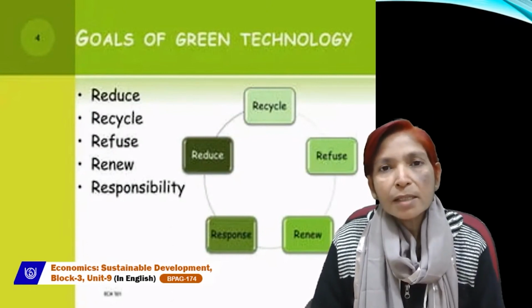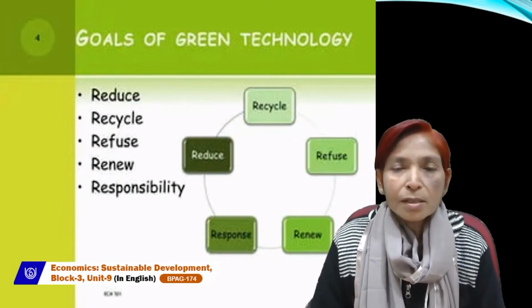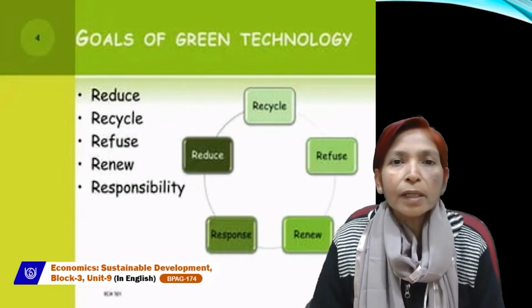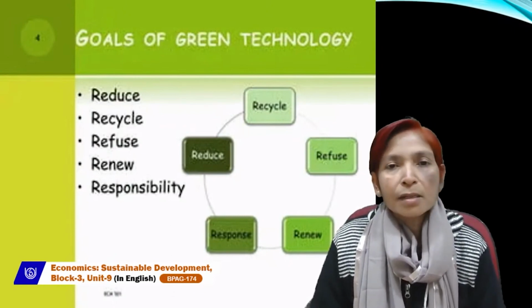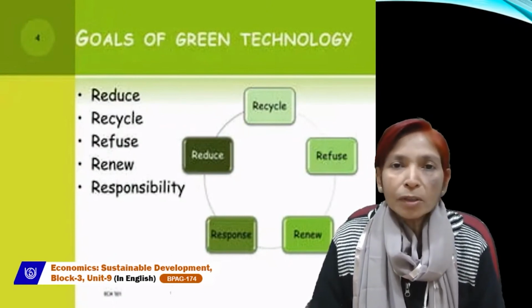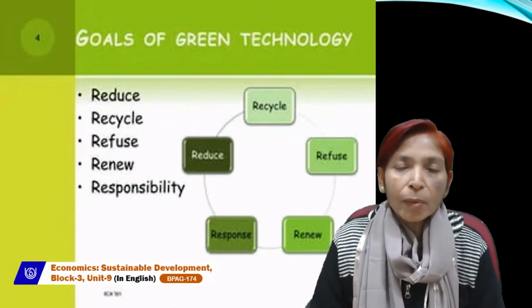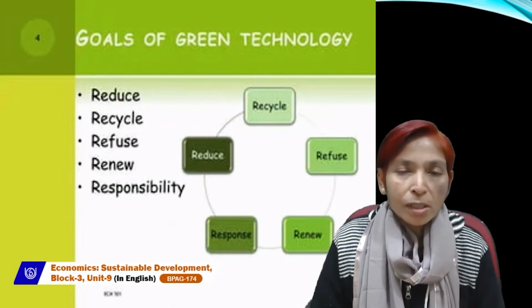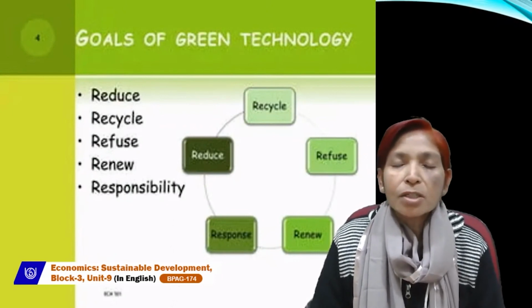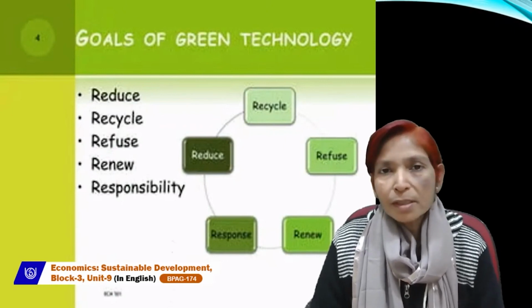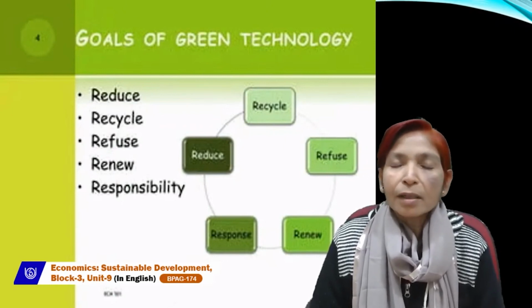Green technology has 5 goals. One is reduce, second is recycle, third is refuse, fourth is renew, meaning renewable resources should be used, and green technology always uses those resources which can be regenerated. And it's a responsibility of all of us, so we should protect our environment.